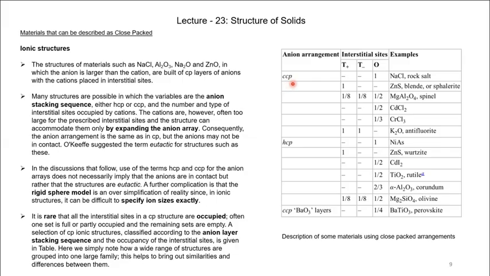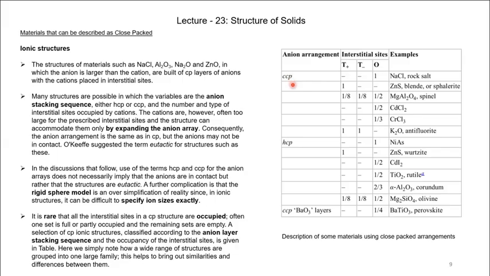If we take the anion as close packed, because the anion size is larger than the cation, and we put the cation in the interstitial sites, and there is no cation in the interstitial T plus or T minus, only octahedral sites, all octahedral sites filled up, then it becomes the sodium chloride structure, or rock salt structure. This is how we describe it.